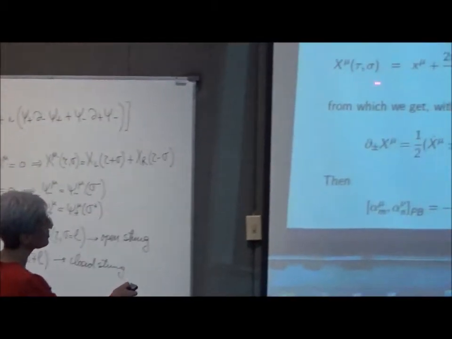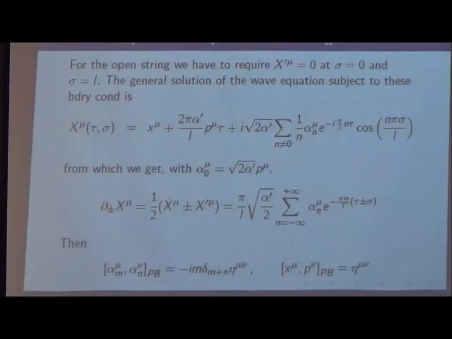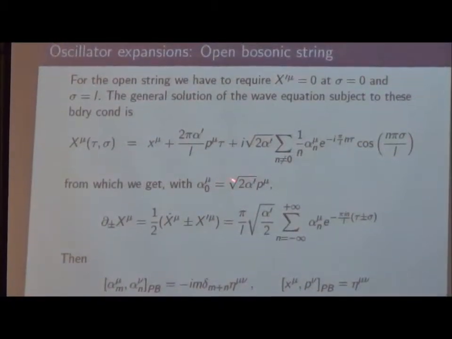So for the open string we have basically the same expansion, but only one set of oscillators. The combination implies a different normalization for the momentum: the center of mass momentum and alpha naught have a different factor from the closed string. But we can do the same combination for the derivative plus minus of X mu in terms of only one set of oscillators. Again, the Poisson brackets give these standard commutators among the oscillators.